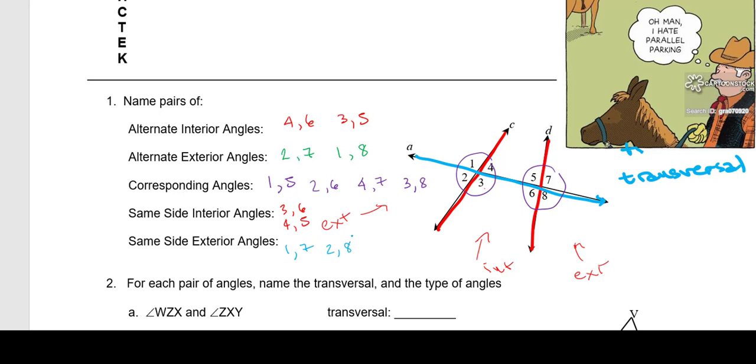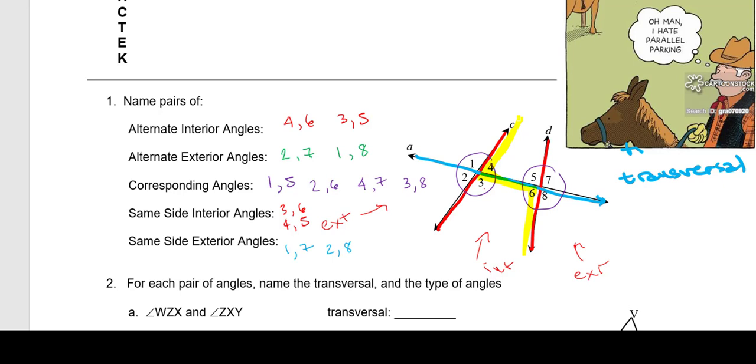Now, to help you remember some of these things, there are some little tricks here. For example, for alternate exterior angles, the angles are going to form a Z shape. So if I look at an example of alternate interior angles, like 4 here and 6 here, if I trace it out, it's going to make a Z shape.